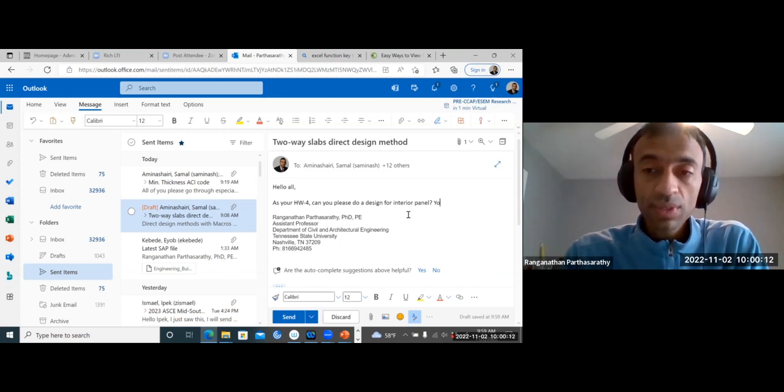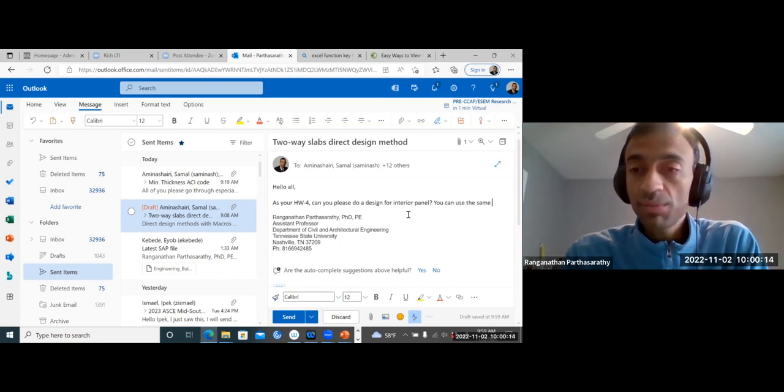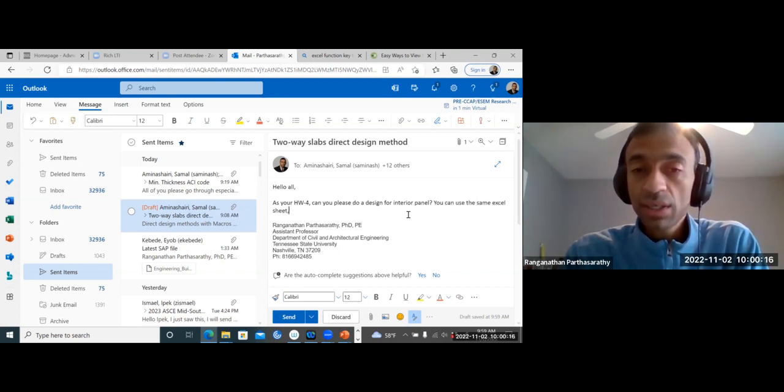You can use the same Excel sheet, just change the values at each step to adjust for interior.